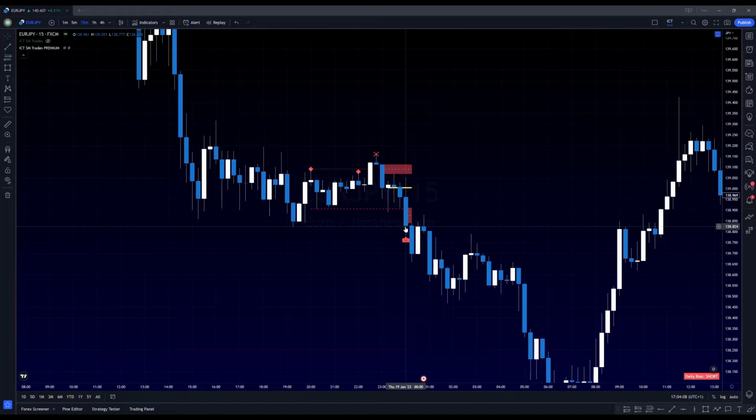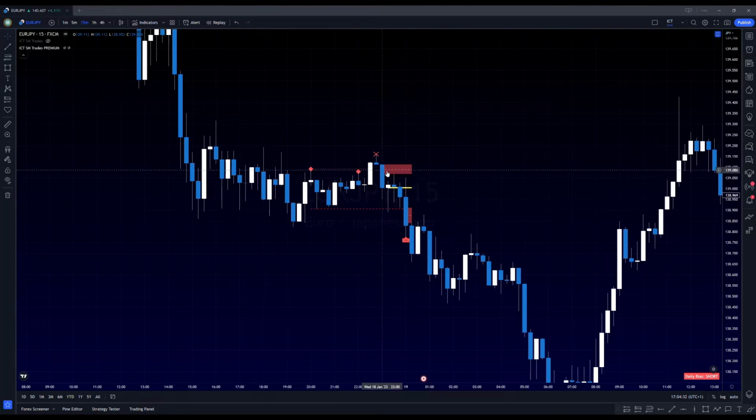These are labeled with rectangles. It is expected that these gaps will be tested in the near future to balance the market. So as we can see, this is the first fair value gap, this is the second fair value gap of this bearish move. It is imbalanced because there are a lot more sell orders than buy orders.